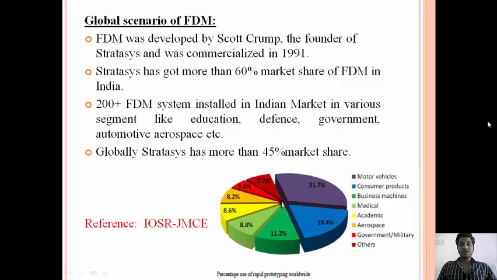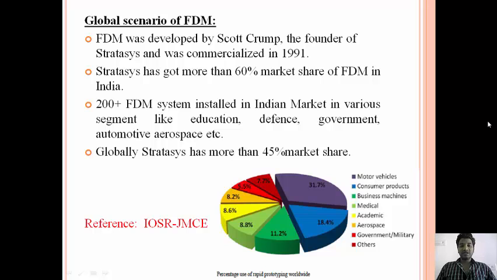Let me take you through the global scenario of FDM. FDM was developed by Scott Crump, the founder of Stratasys, and was commercialized in 1991. Stratasys has almost 60% of the market share in FDM in India. Almost 200 plus FDM systems are installed in the Indian market in various segments like education, industries, defense, government, aerospace, and automobile sector.